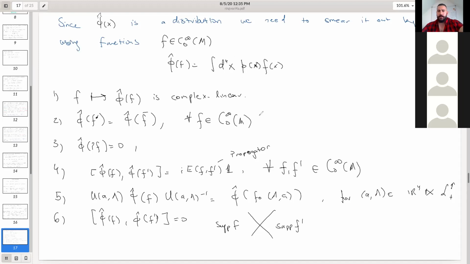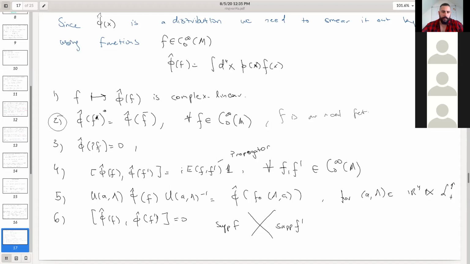And then this field satisfies a few important properties. It's complex linear. The adjoint of this field is phi of f bar, the complex conjugation, which means if f is a real function, we can prove that this operator is a self-adjoint operator.